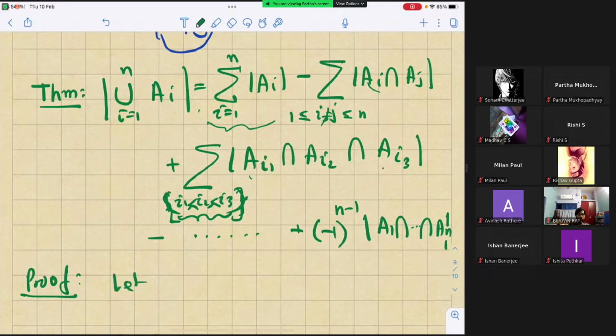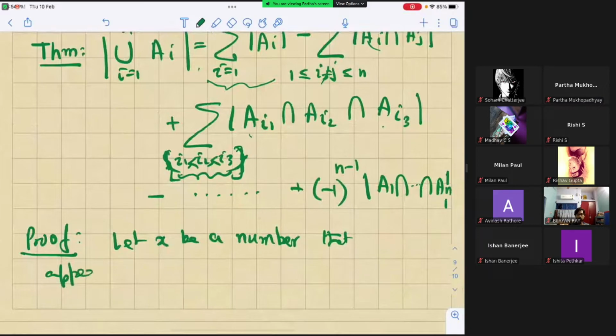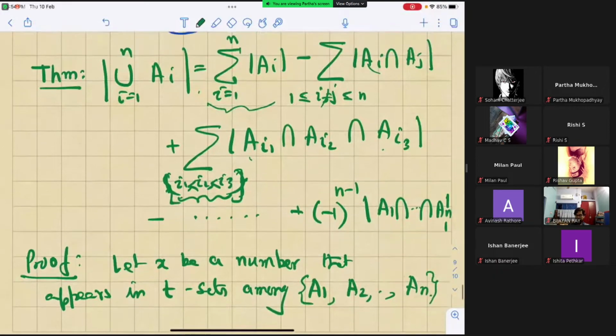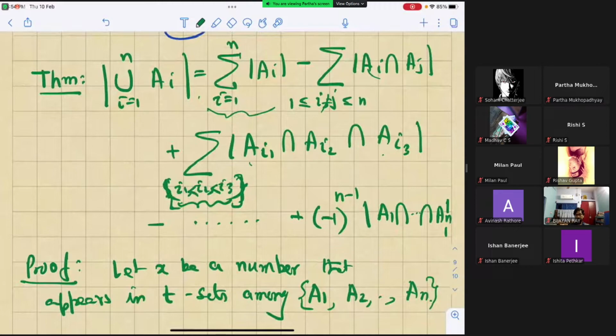So let X be a number that appears in T sets, because I said, right, the sets could be intersecting. So I have fixed any number X that appears, let's say, in exactly T sets among these sets A1 to An. So what is the contribution of this number in the left-hand side?